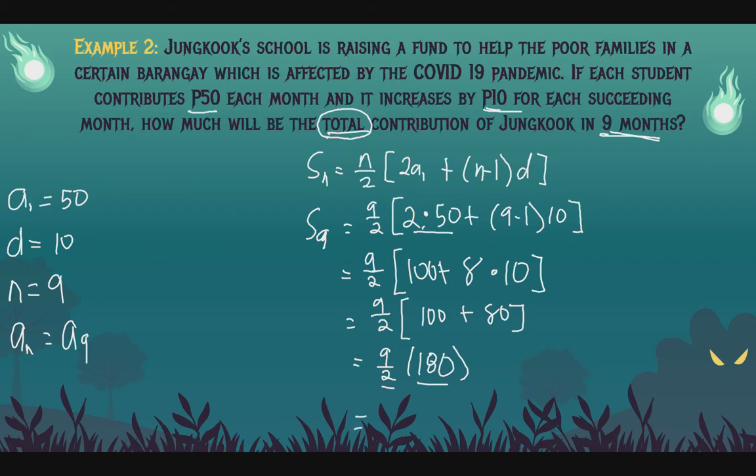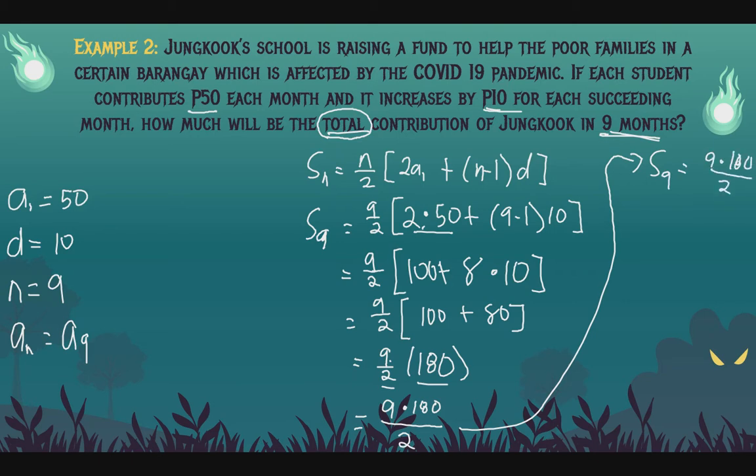Multiply lang natin yung numerator sa whole number. So, magiging 9 times 180, then lagyan natin ng denominator na 2. So, magiging S sub 9 is equal to 9 times 180 over 2.